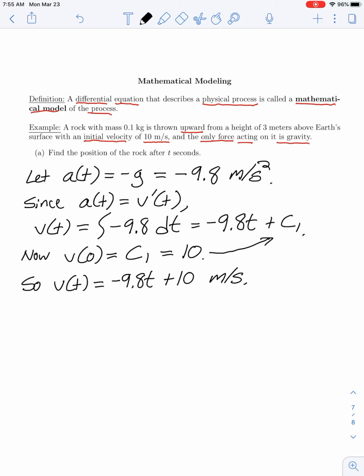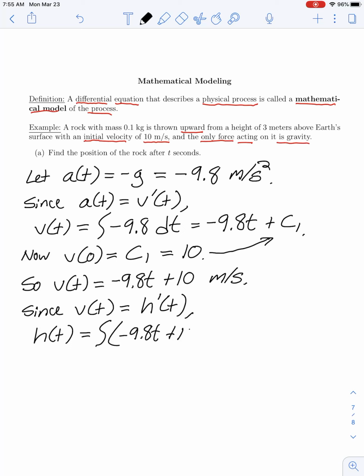Now, we were asked about the position or the height of our rock after t seconds, and we know that the velocity of our object is given by the derivative of the position or the height, which I'll call h of t. So the derivative of our height is velocity. So to find height, h, at any time t, we would integrate the velocity function, negative 9.8 t plus 10, with respect to t.